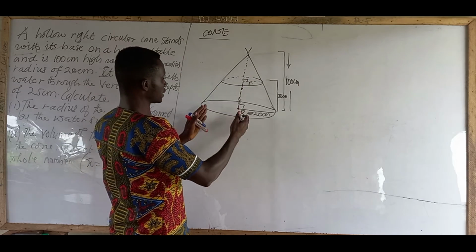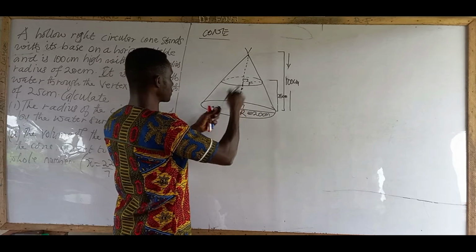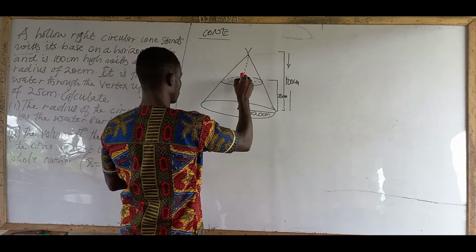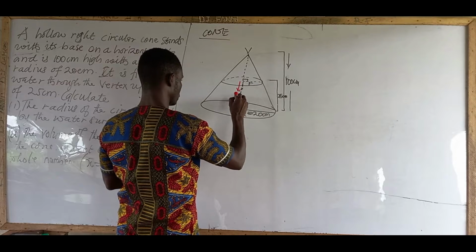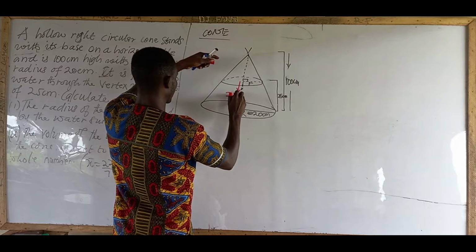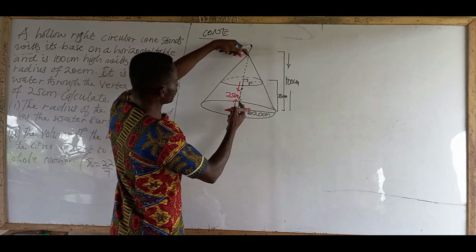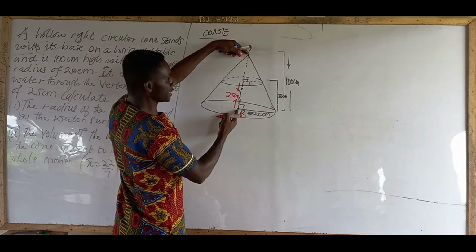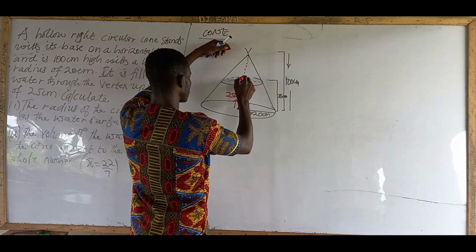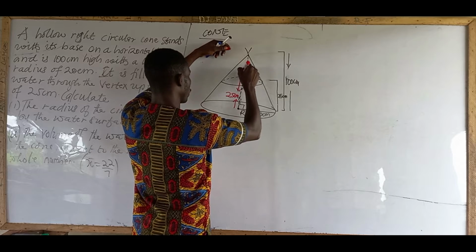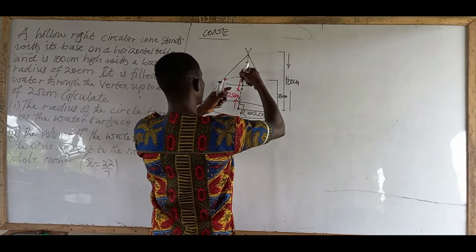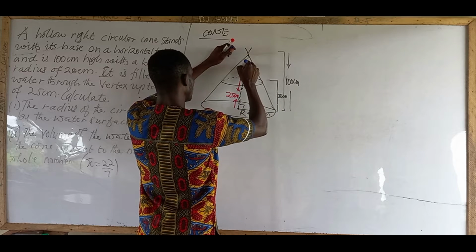And in fact, the height is this. From where the water is to V is 25 centimeters. And from V to the base side is 100 centimeters. So obviously, from the top here, let's make this small h.